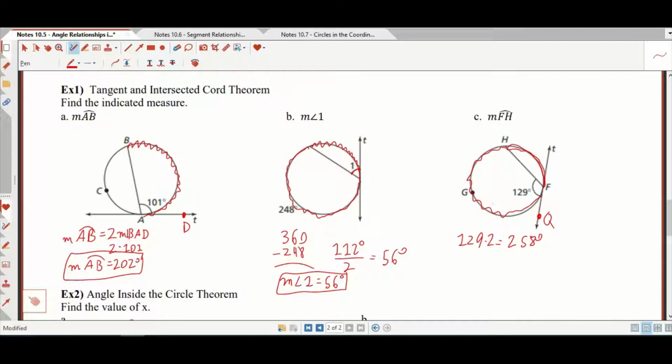That's this arc here. And since the circle is 360, I have to do 360 take away 258. And that will give me the measure of arc FH. It's 102 degrees. So the measure of arc FH is 102 degrees.